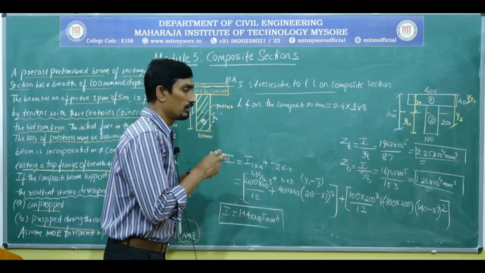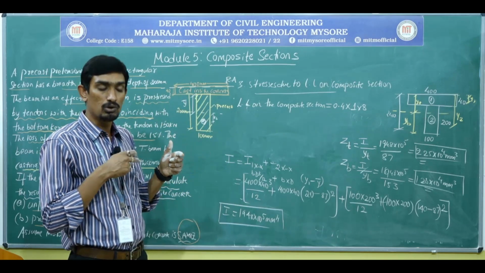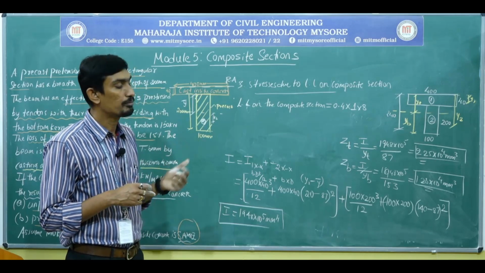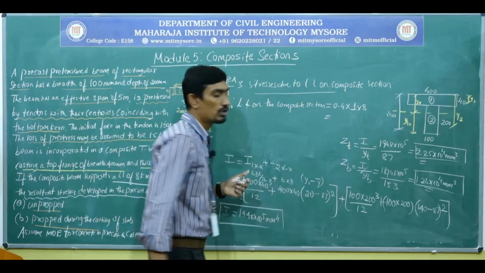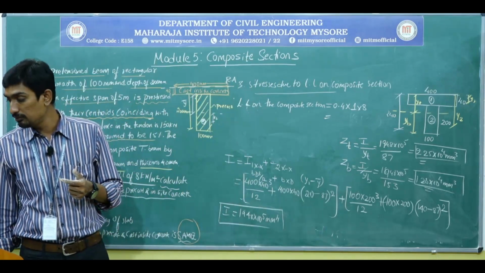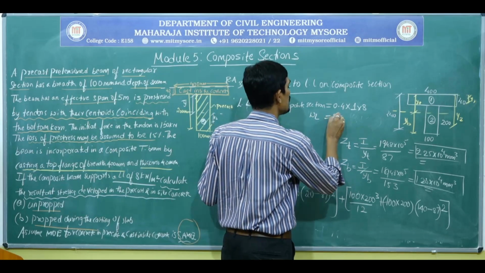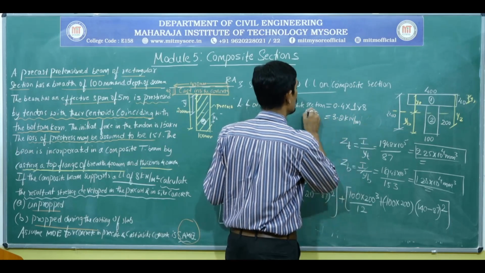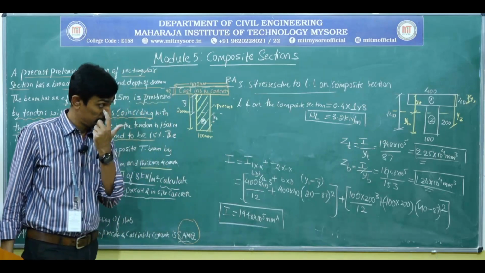Hence the width, that is 400 millimeter, is 0.4 into 1 meter distance, that is 1000 millimeter. So the live load on the composite section will be 3.2, that is WL is equal to 3.2 kilonewton per meter. So this will be your WL.